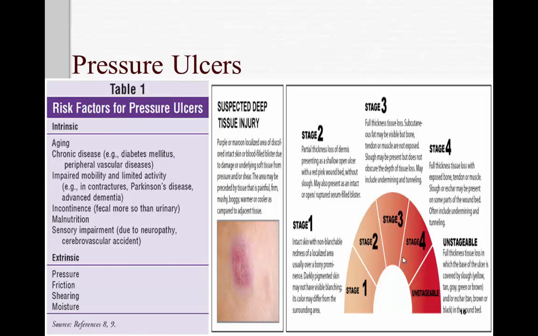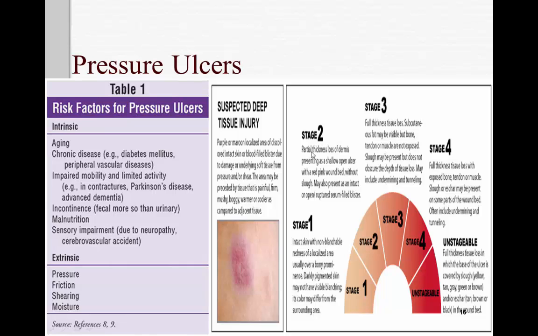In addition, severity ranges from non-blanchable skin erythema to full thickness skin loss with extensive soft tissue necrosis. If you remember the stages of the pressure ulcers, stage 1 is basically a non-blanchable redness.